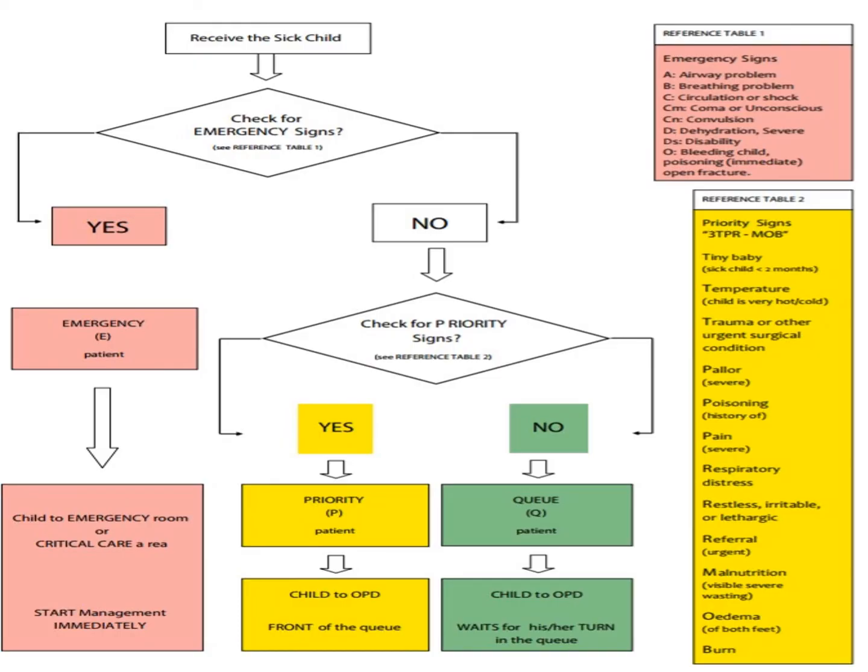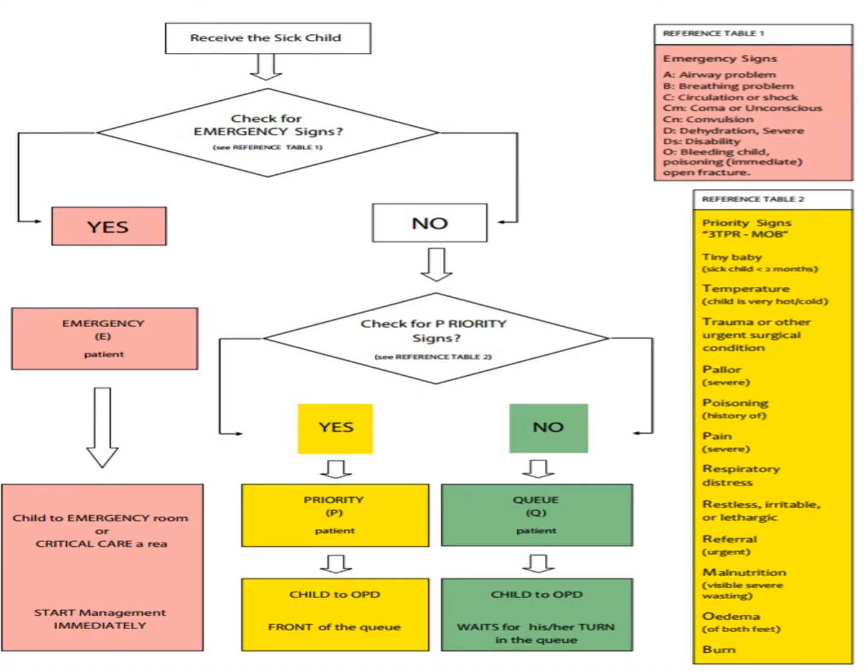So when we receive a sick child in hospital, we should always first check for emergency signs before any registration or any further administrative procedures. If there is an emergency sign, as I have said above, send the patient to the emergency area and start emergency treatment. Start management immediately. If there is no emergency sign, check for priority signs.